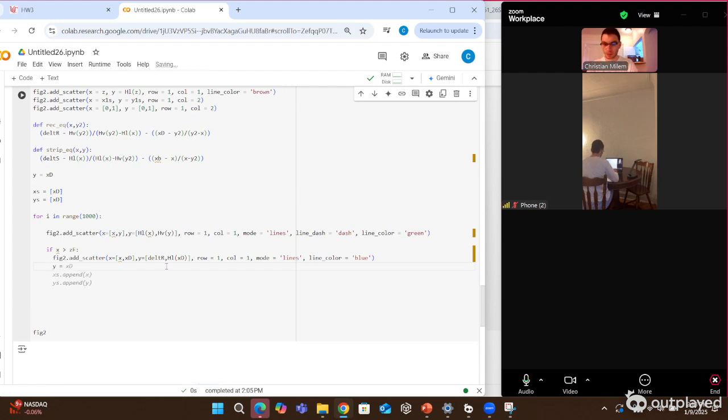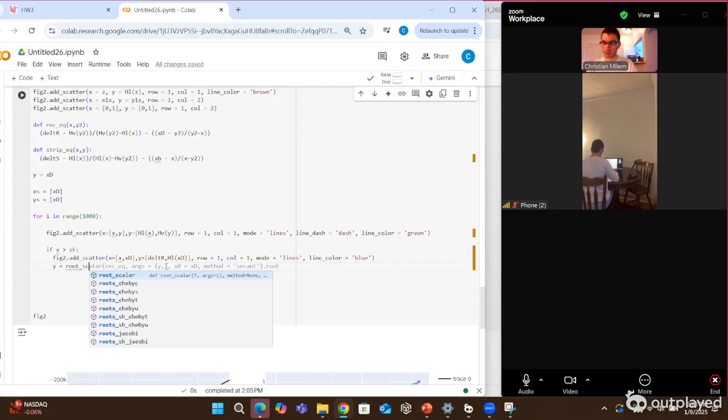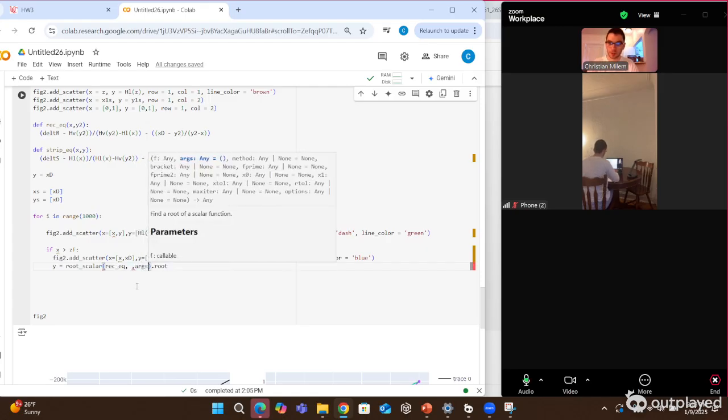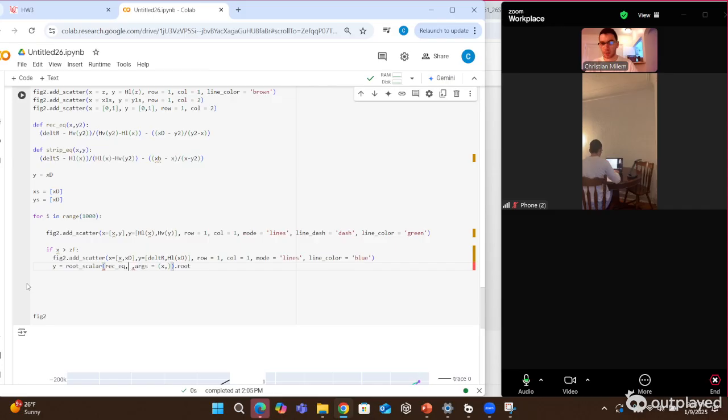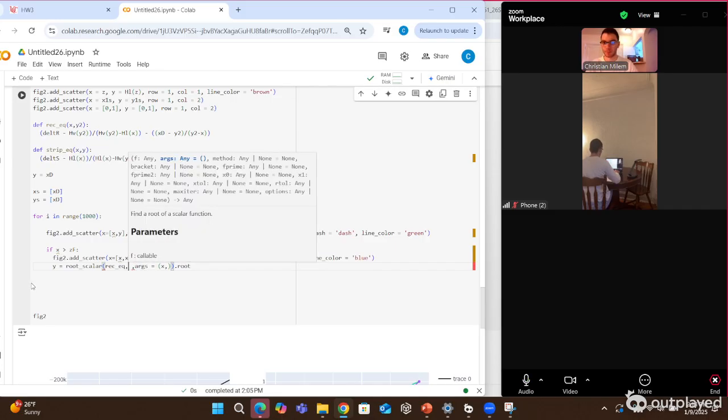And then we need our Y values. We're going to have a root scalar for that. It's going to be the root scalar of this rectifying stage equation, and our argument is going to be x. It's going to be the root of that equation whenever we apply x in there. But our bracket, we're not going to do an initial value.